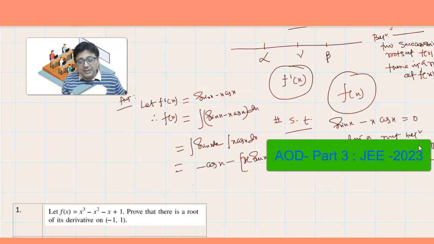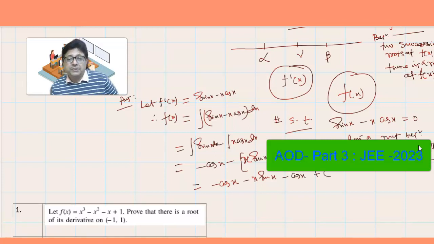Plus c will be there. So this changes to minus cos x minus x sin x, and this one is minus cos x. This is coming sin x. Sin x is minus cos x plus c. Okay.